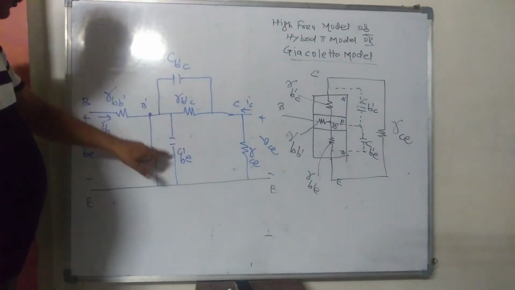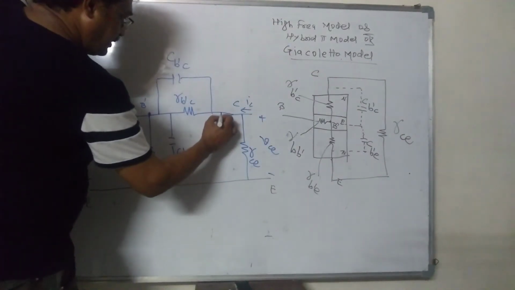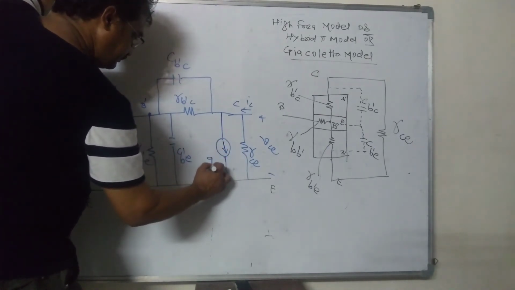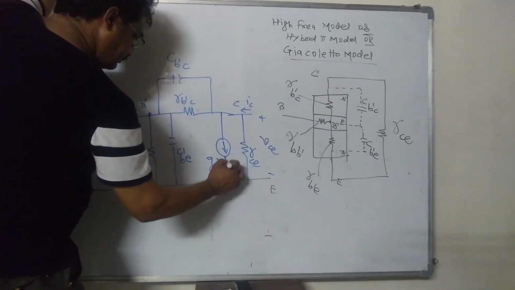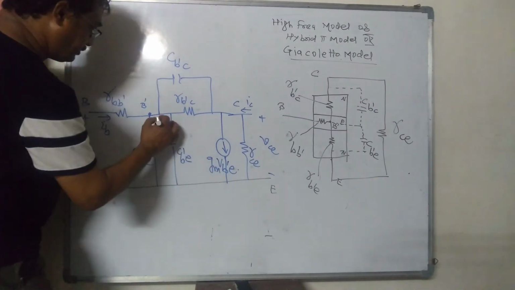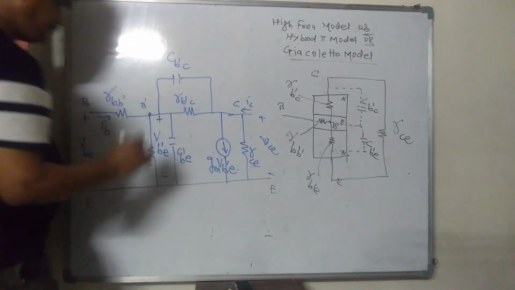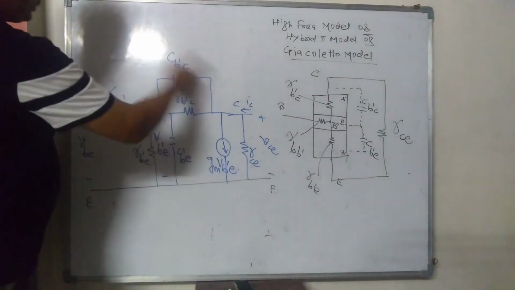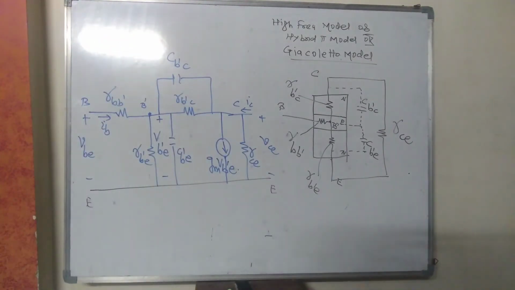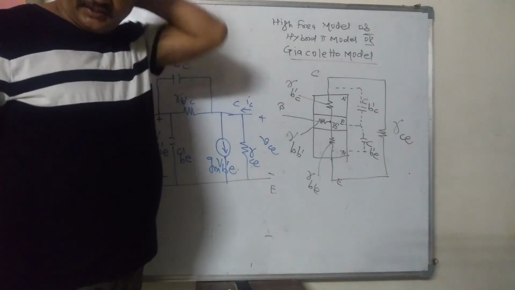One more additional element appears here: a current generator, GM VB dash E, where VB dash E is the voltage between B dash and E. So this is known as the hybrid pi model of the transistor.